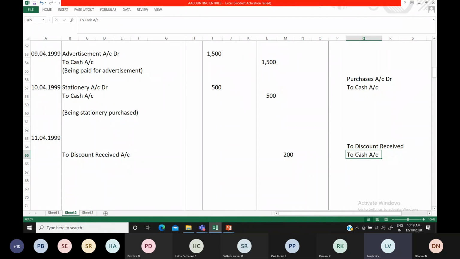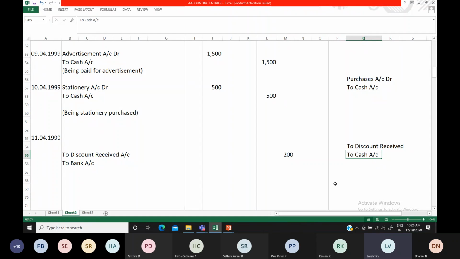So check மூலமா they pay. So you have to credit the bank account here. Usually you will be crediting the cash account, since cash is going out of my business, I'm paying him. So whenever cash goes out, we have to credit the cash account only.